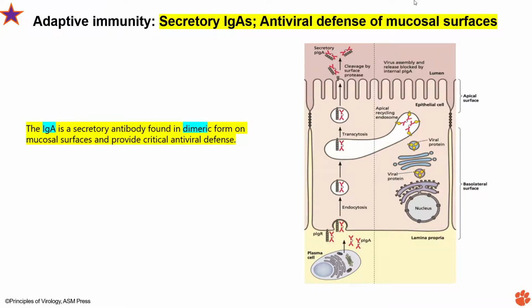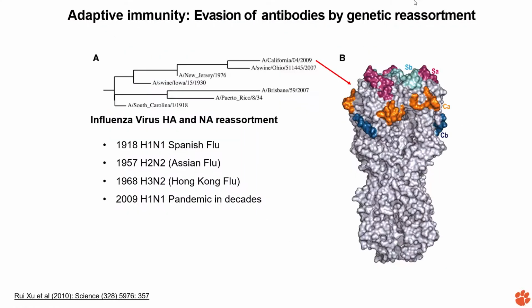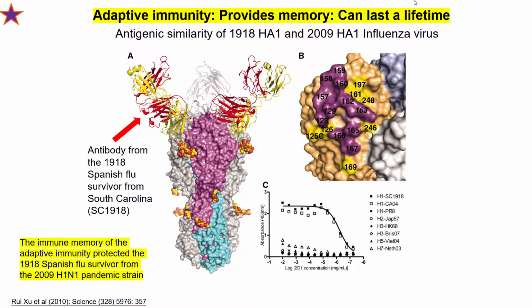All right, so let's see how we're doing with the time. We're doing great. Here, what we are asking is that adaptive immunity provides memory. That's the only take-home message. This is a very, very simple question. For example, did the immune memory of the adaptive immunity protect the 1918 Spanish flu survivor from the 2009 H1N1 pandemic strain?